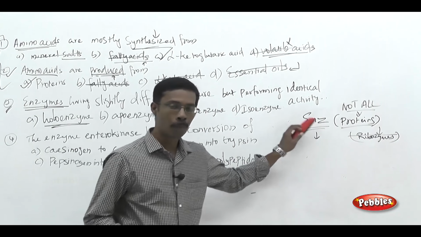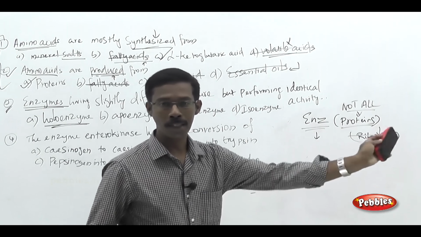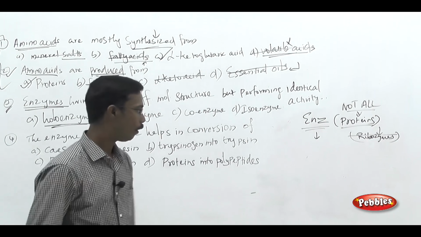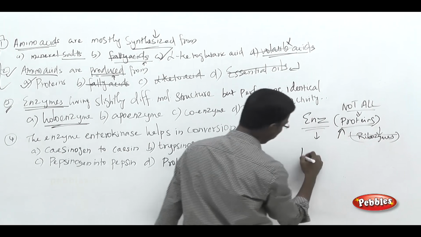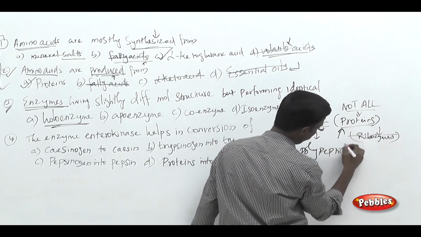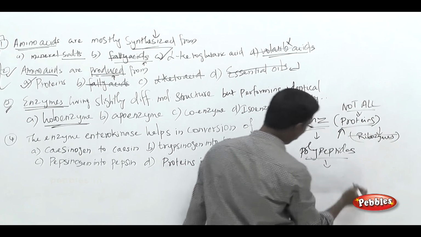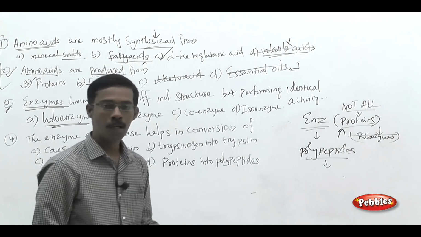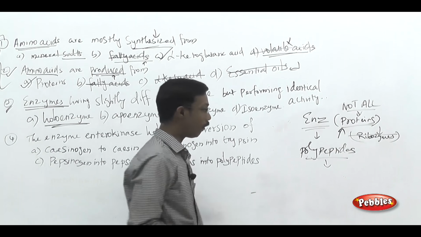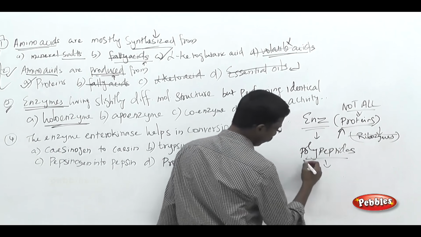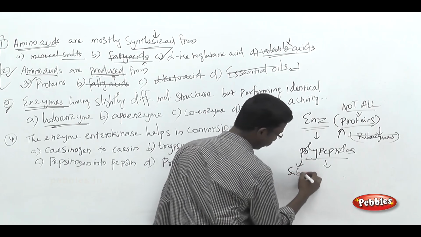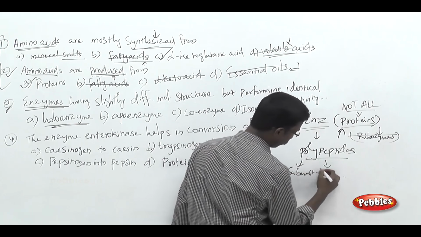That means they are made up of the particular amino acid polymers, polypeptides. So the point you have to remember over here, there are so many polypeptides that make up the particular functional enzyme. Each polypeptide is called a subunit of the particular enzyme.